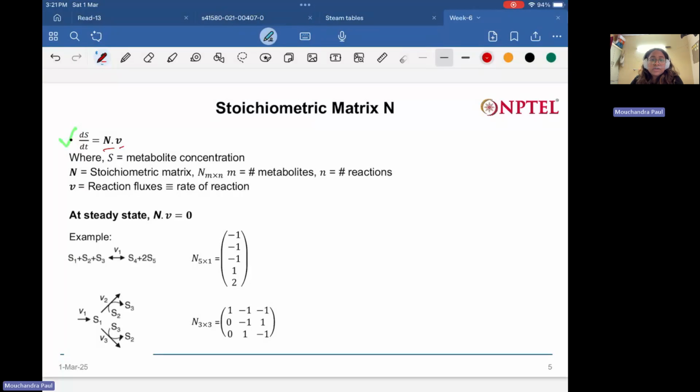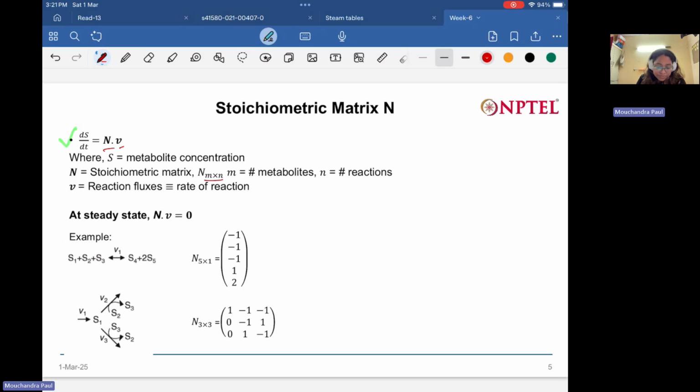So how do we write a stoichiometric matrix? It is basically a matrix of m by n, where m represents the number of metabolites involved and n represents the number of reactions involved.